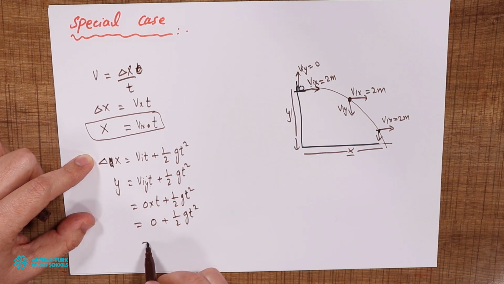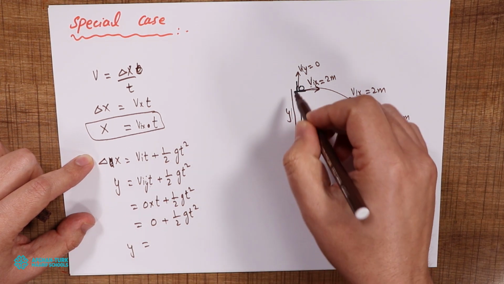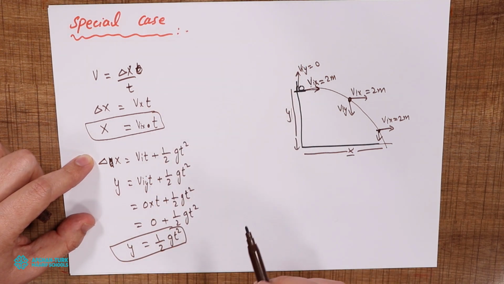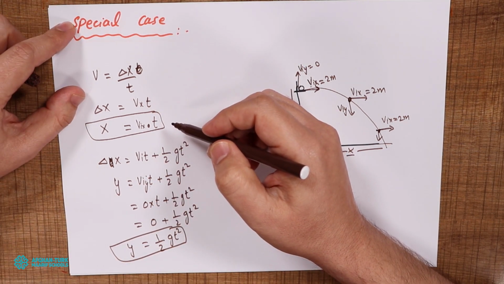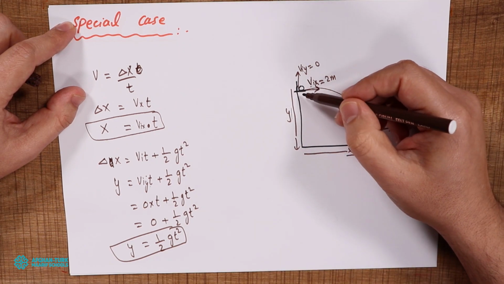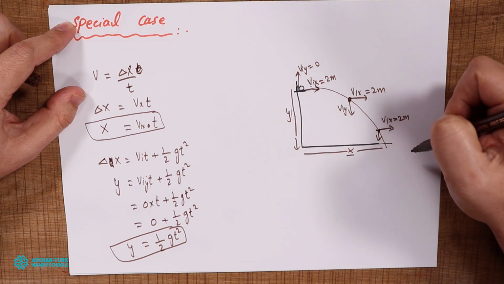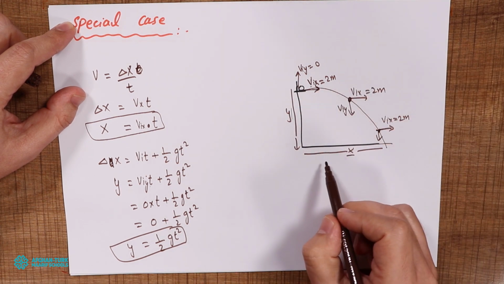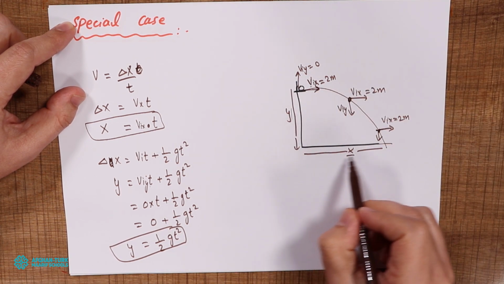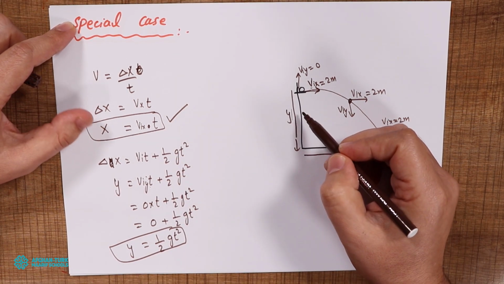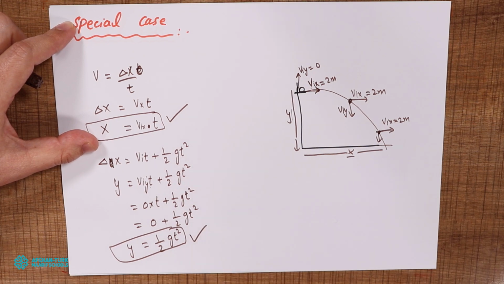So now y, or this height, we can find with the help of this equation, half g t square. So in the special case we find two equations. If we have projectile motion, like if some ball is thrown from a certain height, for the horizontal distance or displacement we will use this equation, and for the vertical distance or displacement we will use this equation.